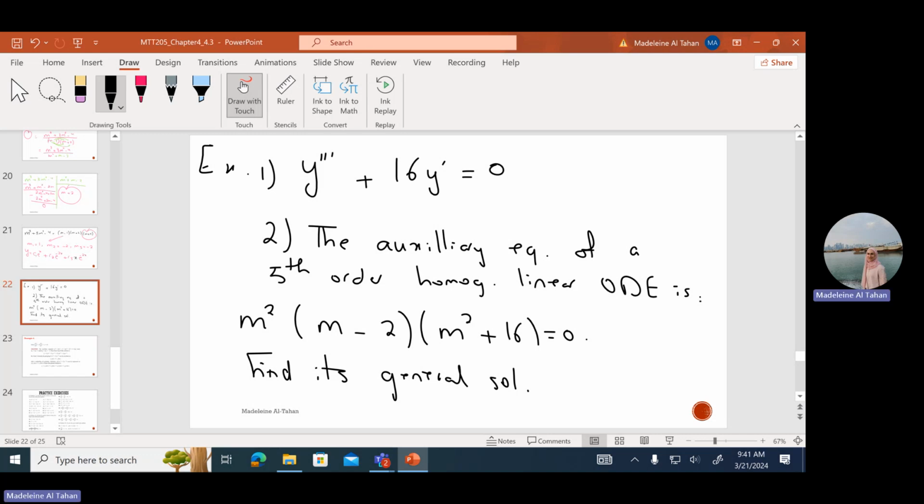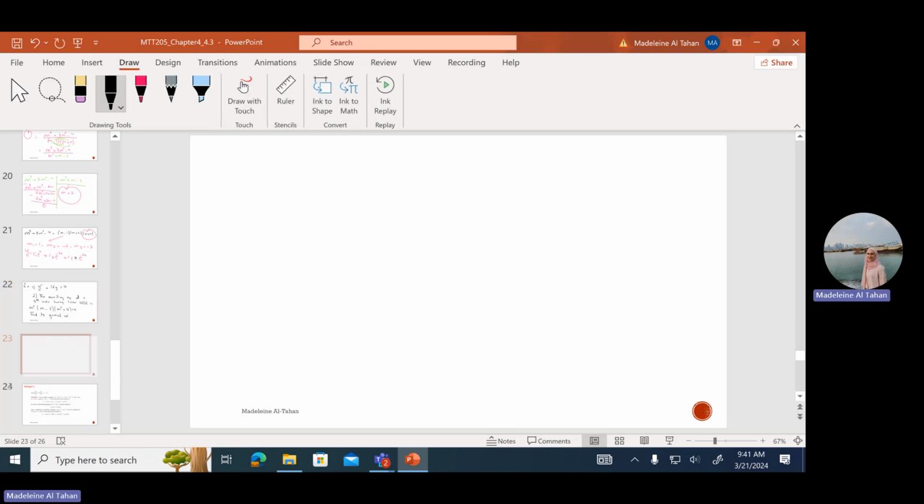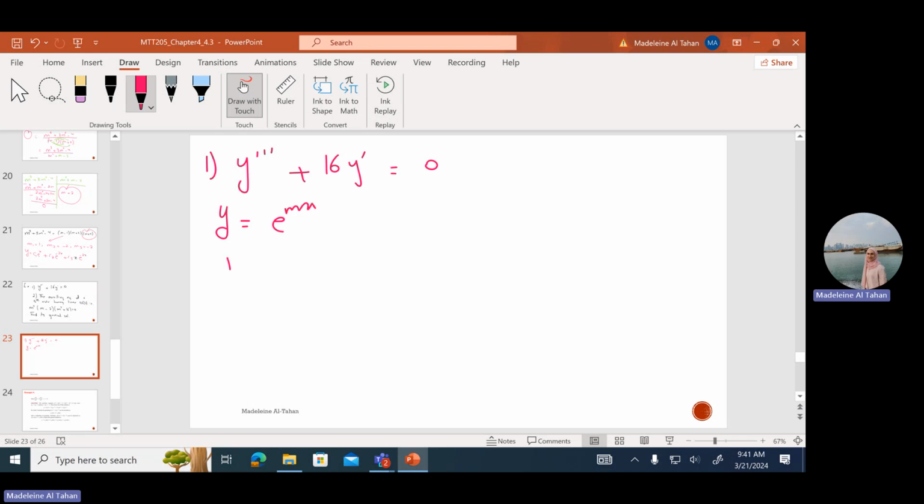We need to solve y triple prime plus 16 y prime equals 0. Okay, miss? How do we start? y equals e^(mx). Auxiliary equation is m cubed plus 16m equal to 0. Can you write this one as m into m squared plus 16 equal to 0?